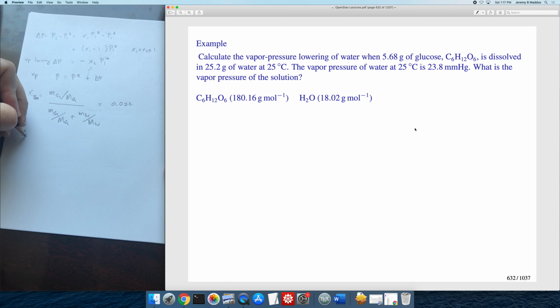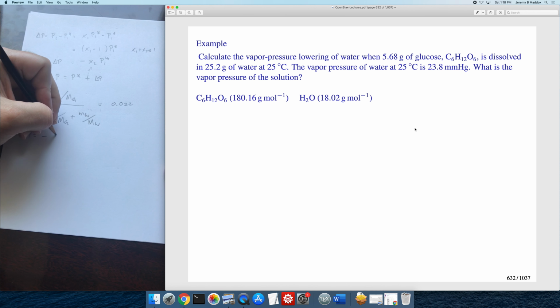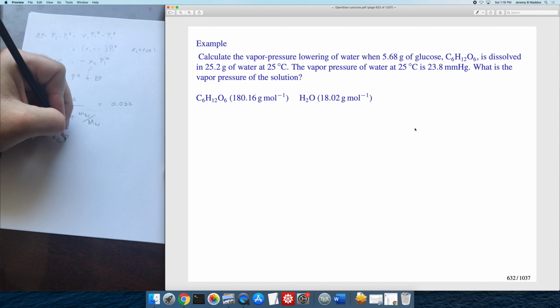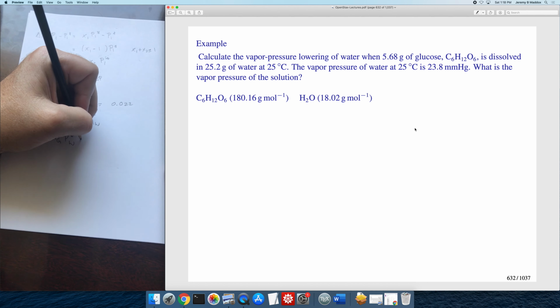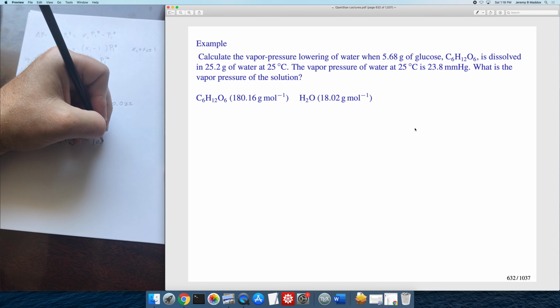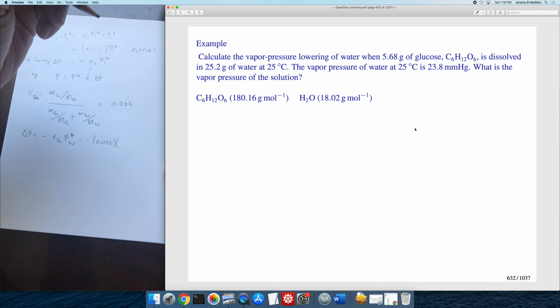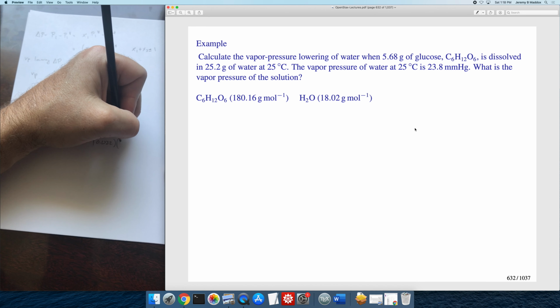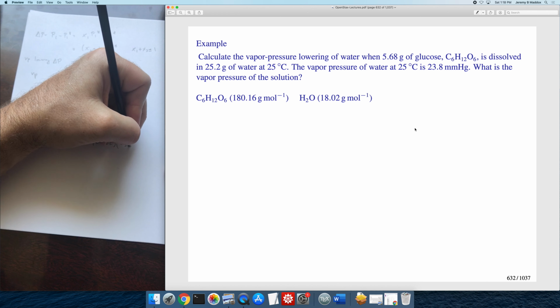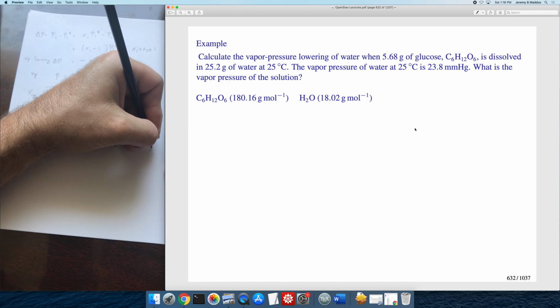The delta P then is going to be minus the mole fraction, x glucose, times now the vapor pressure of the water. So minus 0.022 times 23.8 millimeters of mercury.